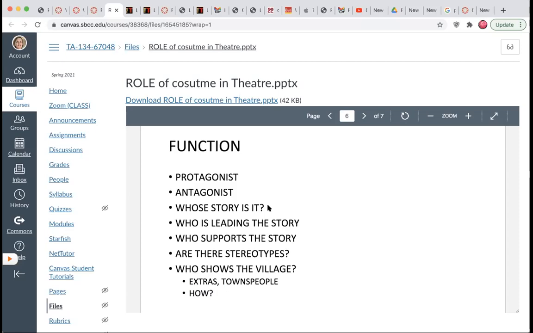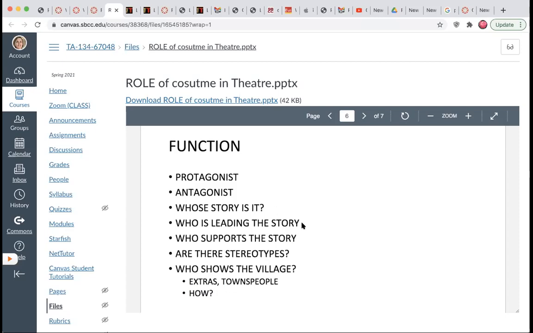Let's unpack this idea, because this is something we've been doing in theater for decades. It's just, whose story is it? If we look at it from Nick's perspective, is it really Nick's story? What if we look at it from Nora's perspective? What if we look at it from Asta, the dog's perspective?